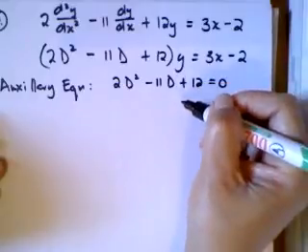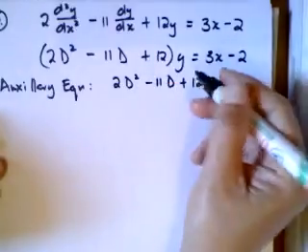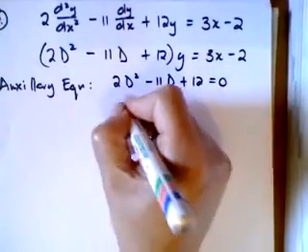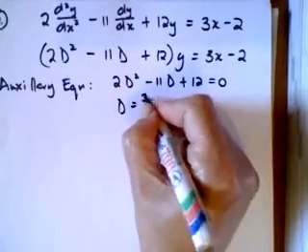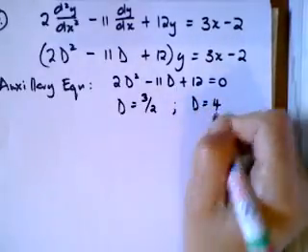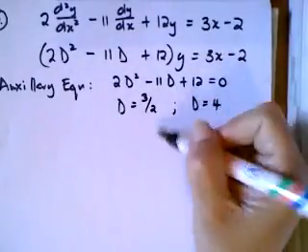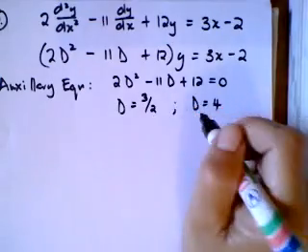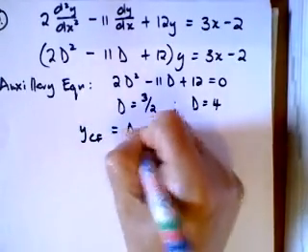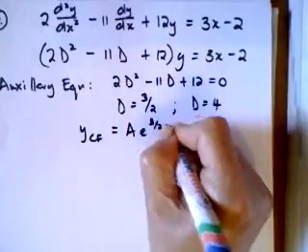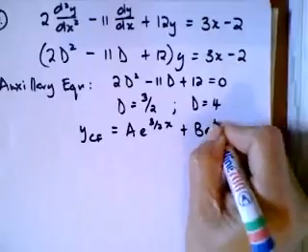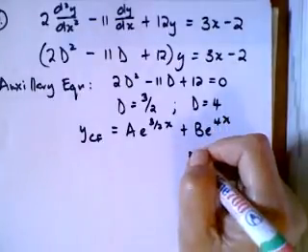And you can either prime factorize or you can use the quadratic equation formula. The solution in this case is going to be D equals 3 over 2, D equals 4. Your roots again are real and different, which means the complementary function is going to be a e to the 3 over 2 x plus b e to the 4x.